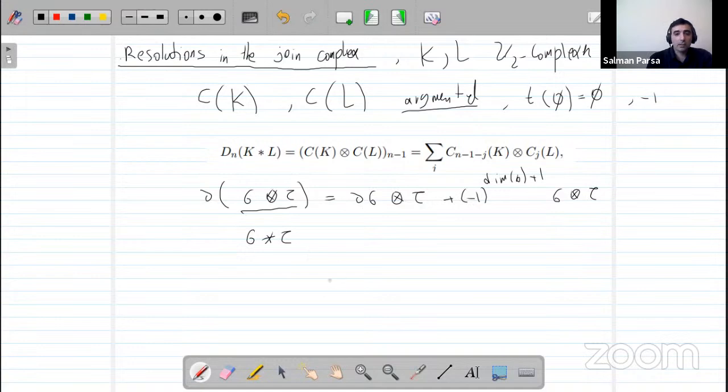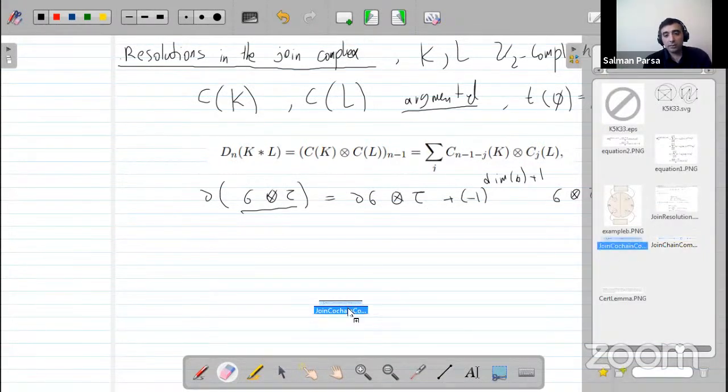But the empty boundary is 0, of course, and for each vertex the boundary is this empty set. People have used this before in different places. Essentially the chain complex of the join is a tensor product of the chain complexes of the factors, but with some dimension deficiency, which is here.